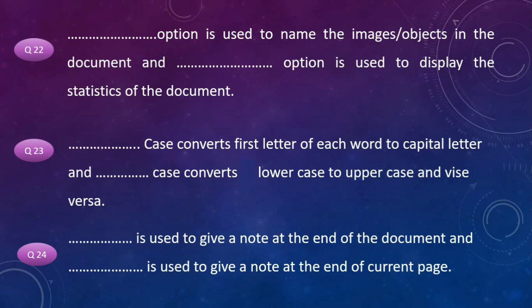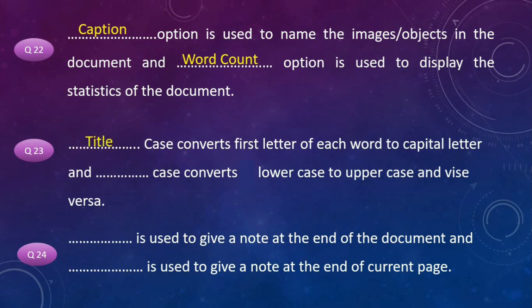So we'll just check out for the answers. So 22nd question. Dash option is used to give a name to objects or images. So it's nothing but caption. And dash option is used to display the statistics of your document is nothing but word count. Next one. Dash case converts first letter.